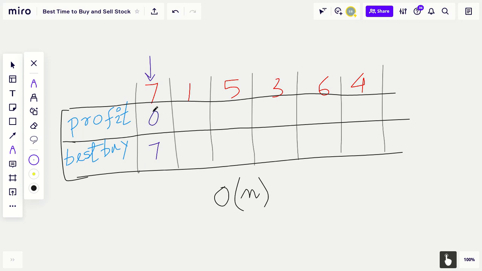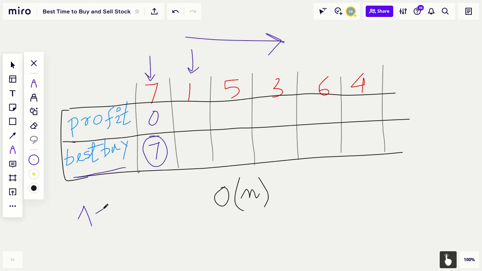so let's come over here, and we have to run the loop from this element onwards. Okay, so here, as you can see, first we have to calculate the profit. When calculating the profit, what we need to do is consider buy price. Okay, buy price is 7, and the current price is 1, so we have to do 1 minus buy price.